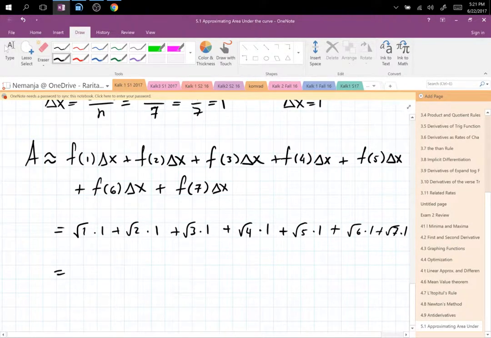Let's go. 1 times 1 is 1 plus 1.41 plus 1.73 plus 2 plus 2.23 plus 2.3 something.